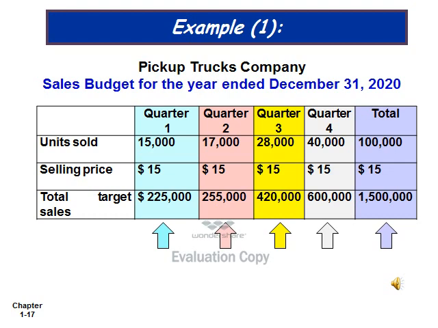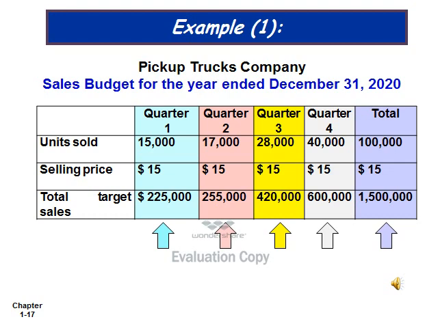In the second quarter, units sold is 17,000 times 15. The result $255,000. In the third quarter, units sold is 28,000 times selling price $15. The result $420,000.